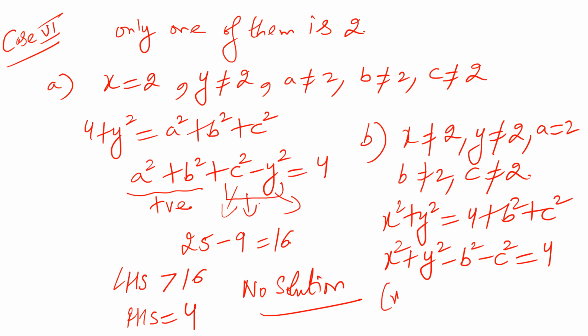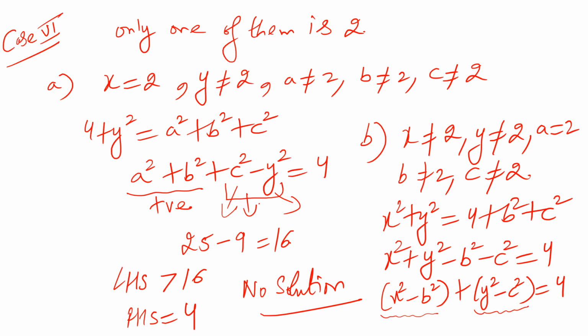Now students, just apply the same logic that we have done in the first subcase. Now I have rewritten this equation as x square minus b square plus y square minus c square. It is the difference of the squares of two prime numbers. This is also the difference of the squares of two prime numbers.